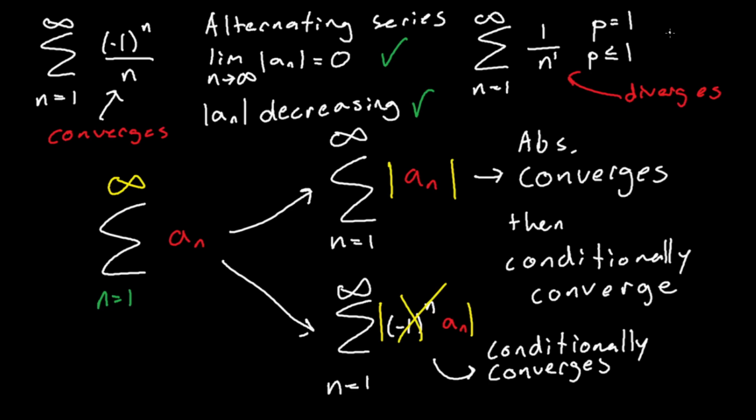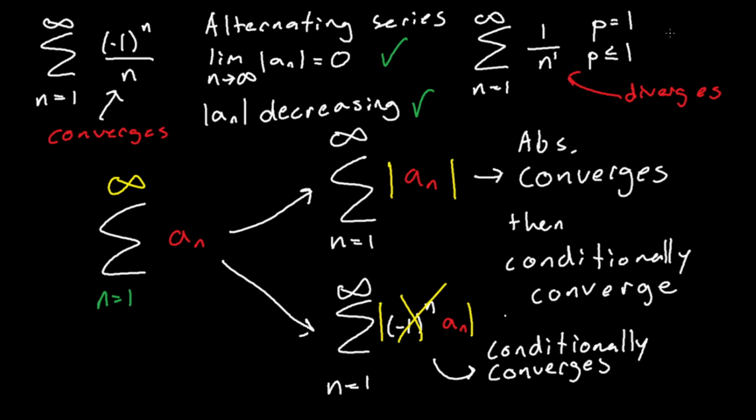Now, a quick tip to determine whether or not a series absolutely converges or conditionally converges, right? When you do some tests like the alternating series test or your p-series test or limit comparison test, I very highly recommend that you test for absolute convergence first. The reason why is because if you absolutely converge, you don't have to test for conditional convergence, right? You automatically can skip that step.